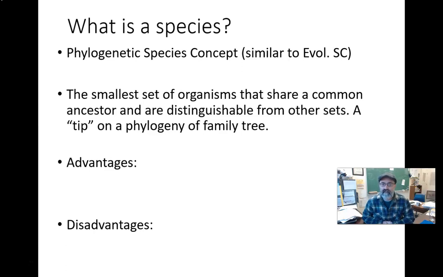It says that the small set of organisms that share a common ancestor and are distinguishable from other sets, that is what makes a group of organisms a different species. So if this group shares a common ancestor that is not shared with other groups, and they can be distinguished genetically or genomically from other groups.